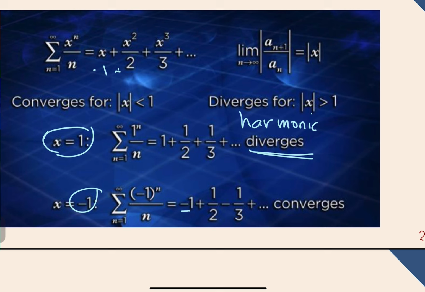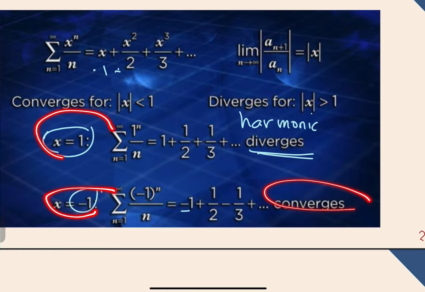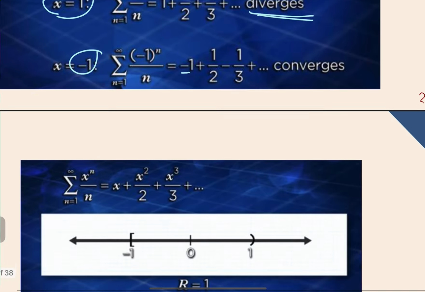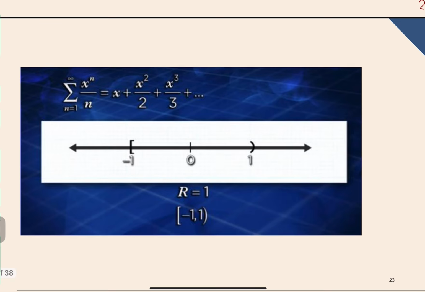But does the series diverge or converge? Now, if we make use of the alternating series test, we can show that this converges. So it converges at x equal to negative 1. It diverged at x equal to 1, but it converged at x equal to negative 1. So let's try to illustrate.